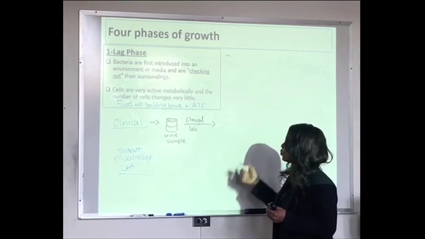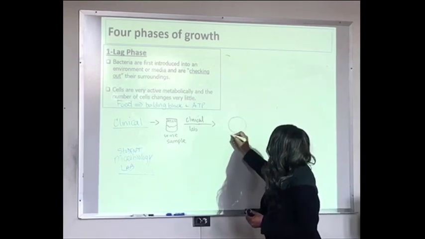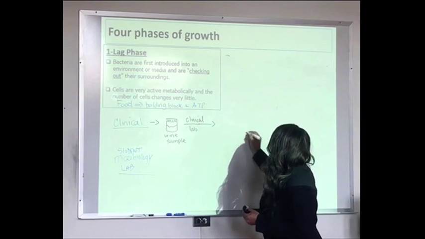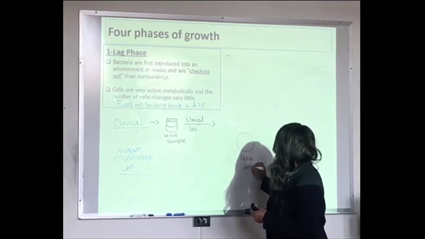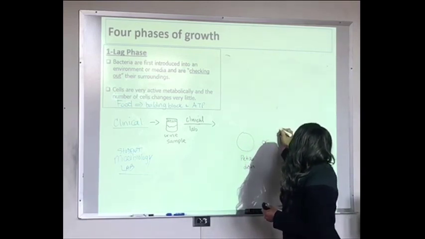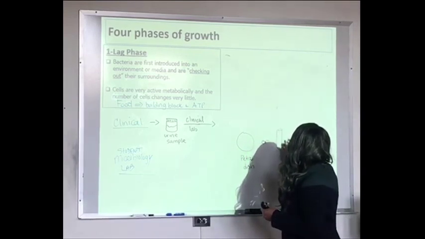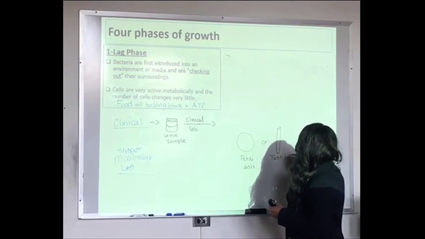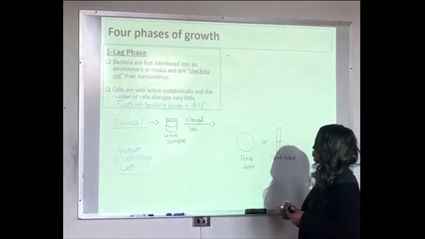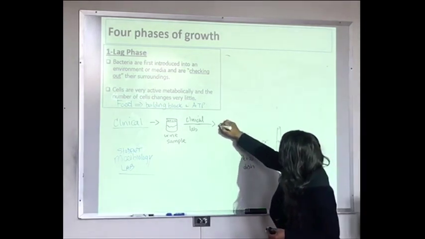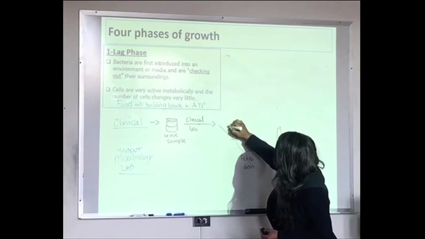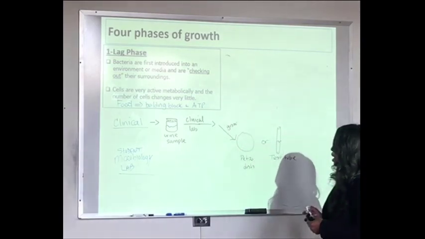The food will either be on a petri dish containing food, or it will be in a test tube. The test tube will have nutrients, the petri dish will have some sort of nutrients. So you'll grow it either on petri dish or test tube.